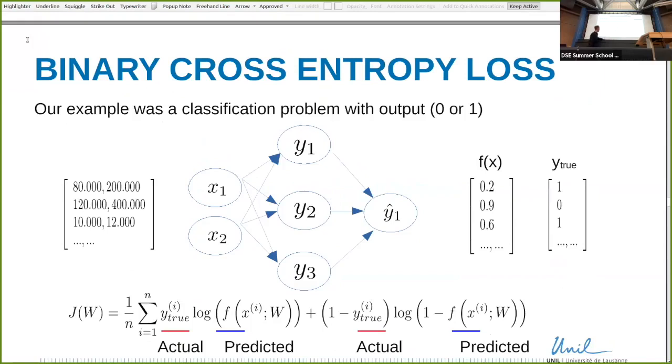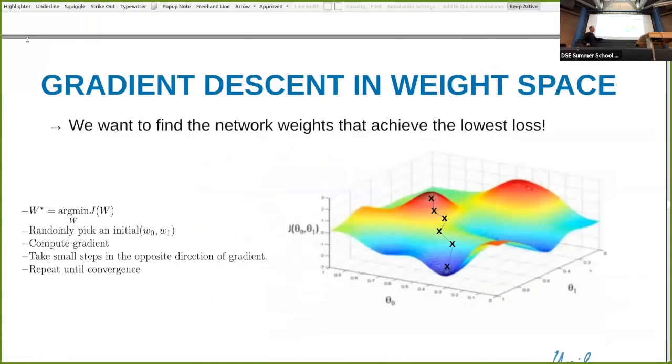That's a typical cost function for classification. Now, how do we do that in practice? We want to find the argmin of the cost function, so the gradient with respect to all these parameters. And now, you may all have heard in econometrics about some minimization methods.